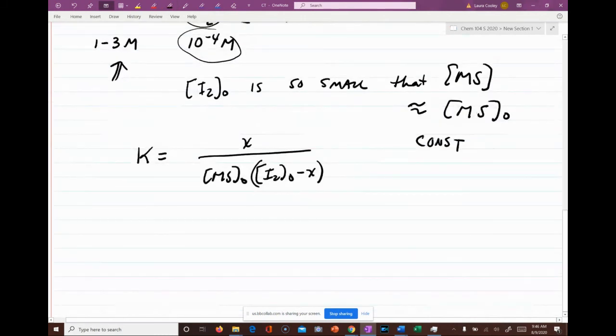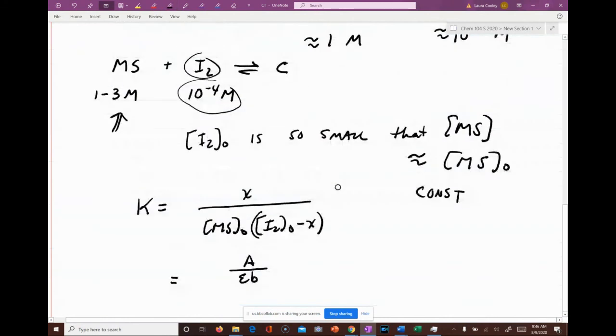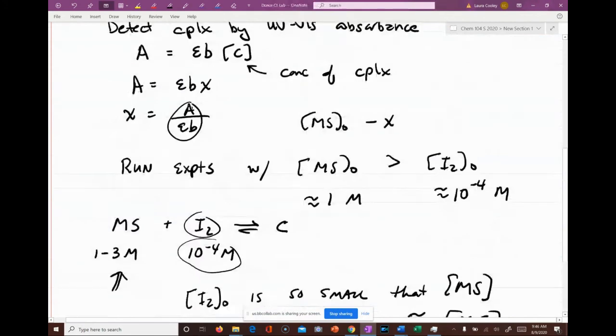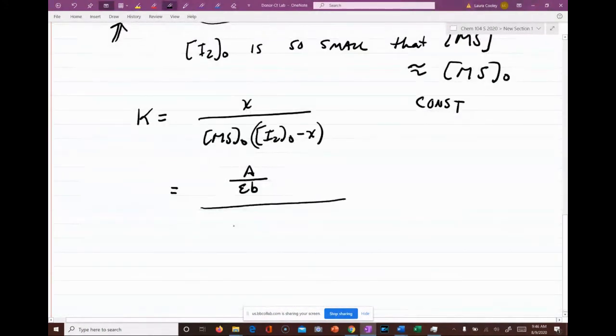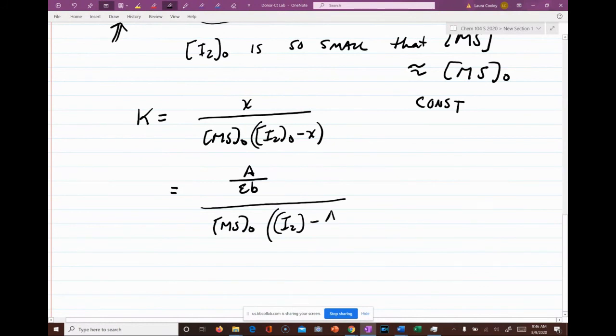Okay, so now what I'm going to do is put in A over EB for X. Did I do that here? Let's see. Yes, A over EB for X, over MS0 times I20 minus A over EB.